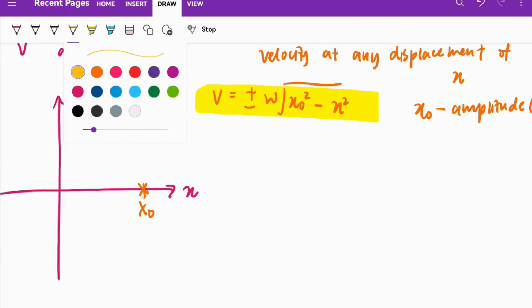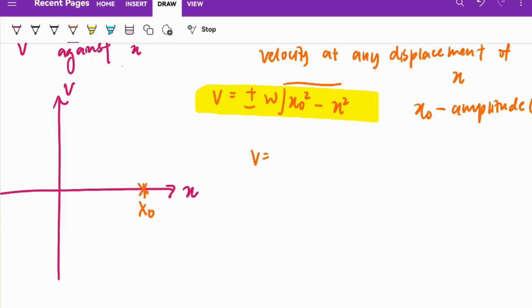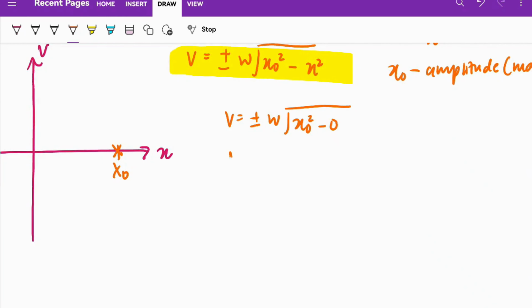You would get V equals positive negative omega square root of X naught square minus 0. Because remember I said X is just any point at any displacement. So V equals positive negative omega square root of X naught square. You'll get positive negative omega X naught.